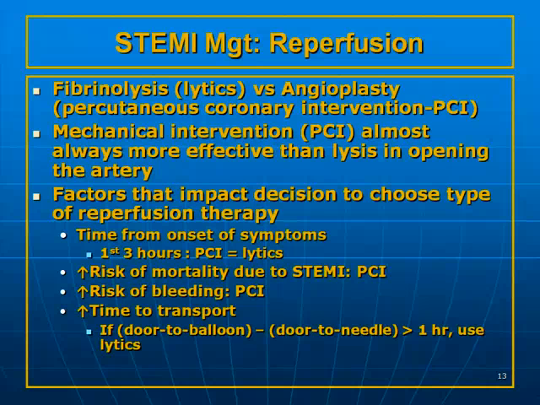But you'd really like the door to be door to the ambulance, and the time that the patient gets in the ambulance to the cath lab and gets the balloon in place. If that can be kept at 90 minutes, then that's really what we want to accomplish.